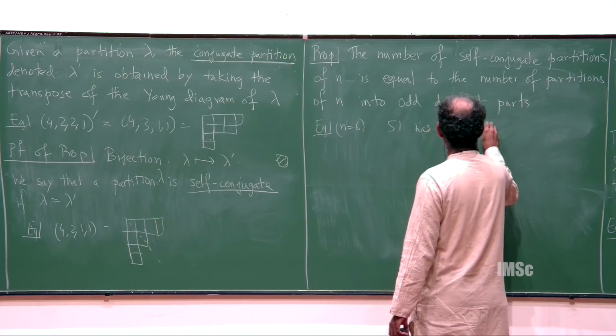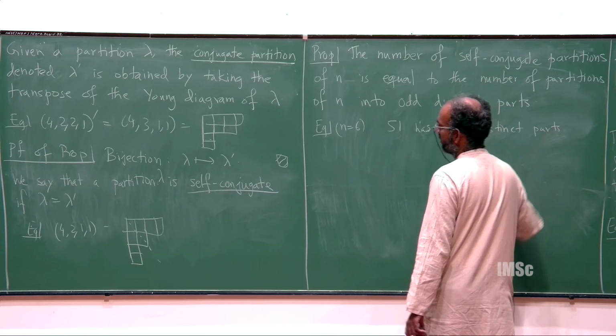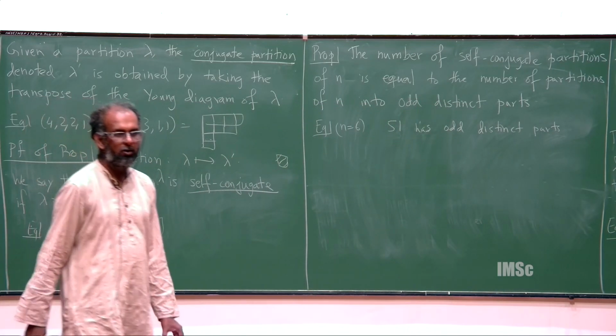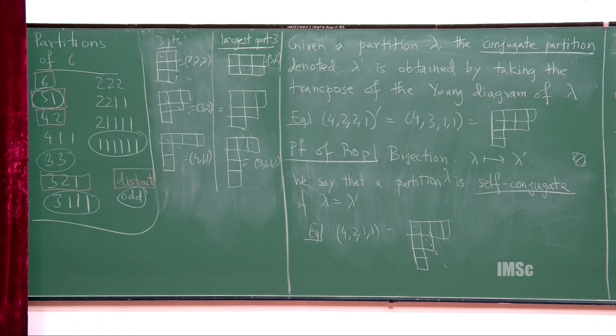So can you think of the idea? Look at the Young diagram of 3, 2, 1, which is the only self-conjugate partition. Can you see what to do?